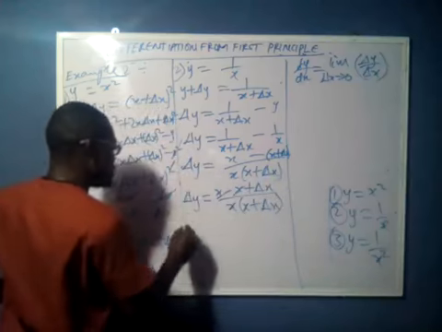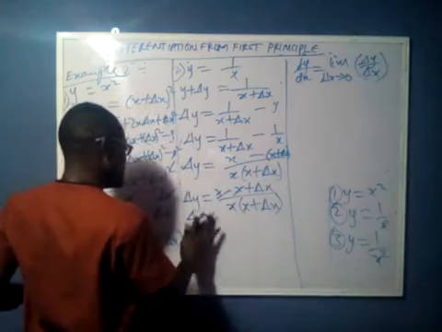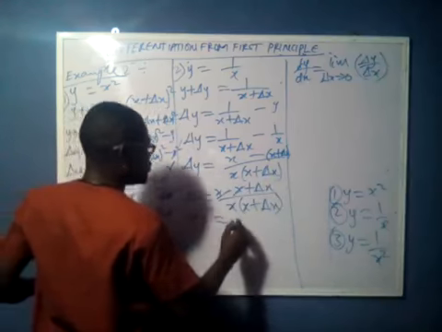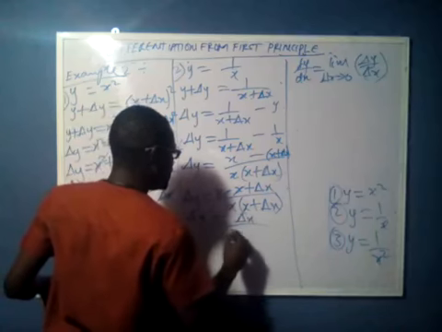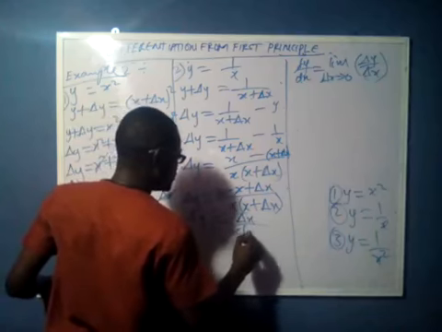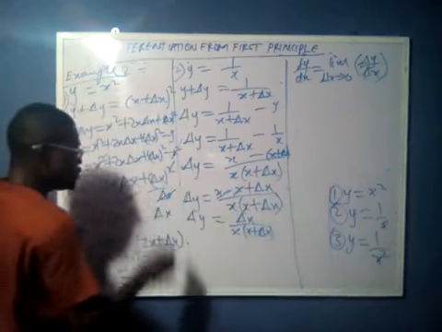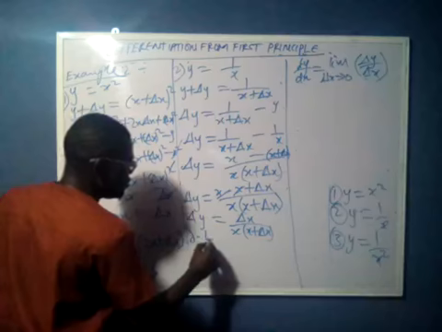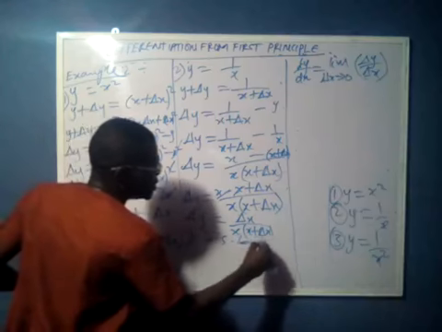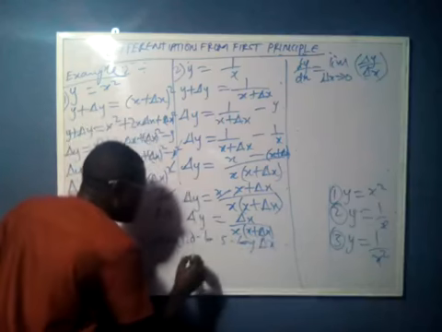So this is out. We have delta y to be equal to negative delta x over x into x plus delta x. So we are going to divide both sides by delta x. So what do we have there?